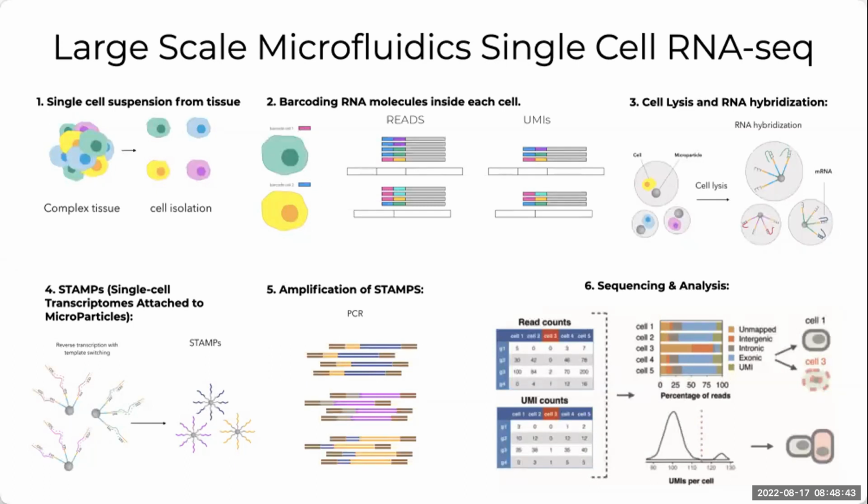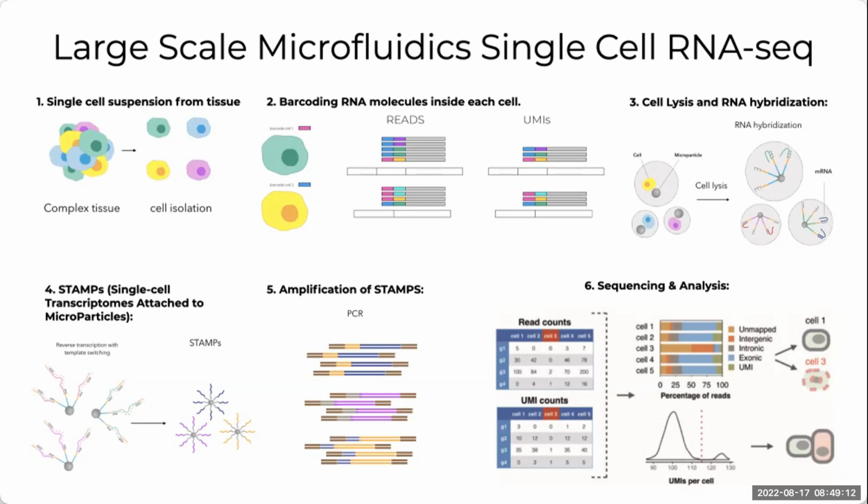Once the droplets capture the cells, the cells are lysed, and their RNA is hybridized with these beads. And this generates single cell transcriptomes attached to the microparticles that we put in these droplets, and they are called STAMPs.